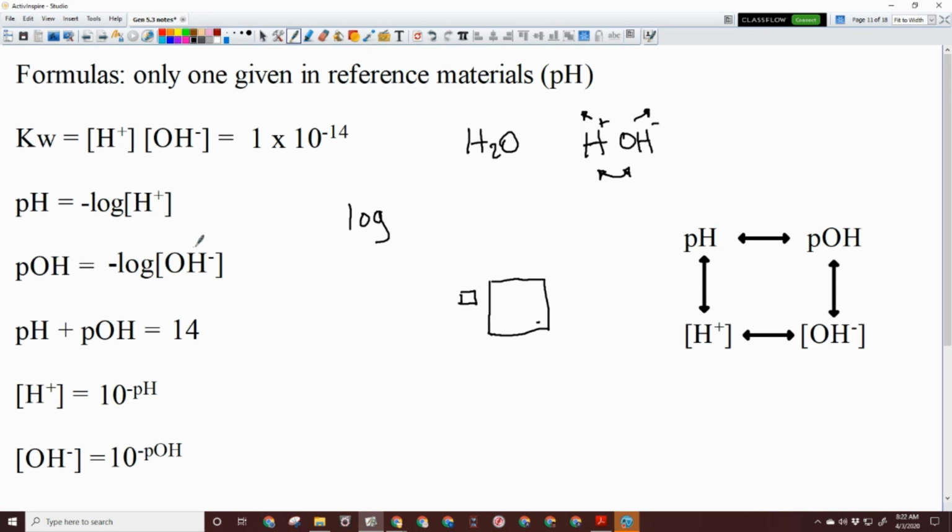Okay, so OH, hydroxide, pH, hydrogen. And when we have pH and pOH, when we add those two values together, we're going to get the number 14. Okay, and so look, we see that number right here.